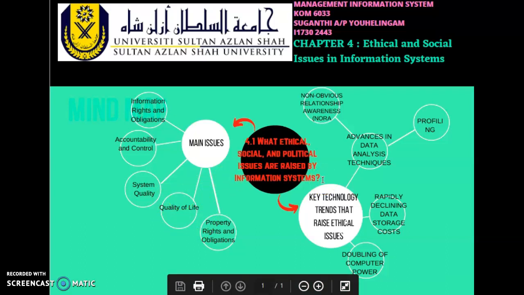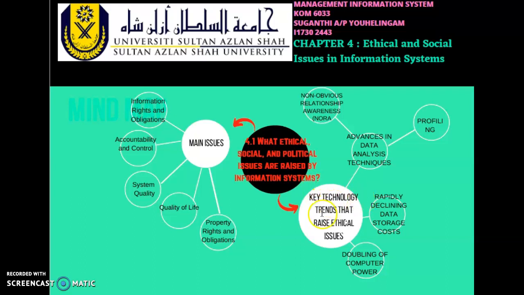Next part of subtopic 4.1 is key technology trends that raise ethical issues. Changes in technology have some obvious positive consequences, but also create some potential or actual negative consequences.